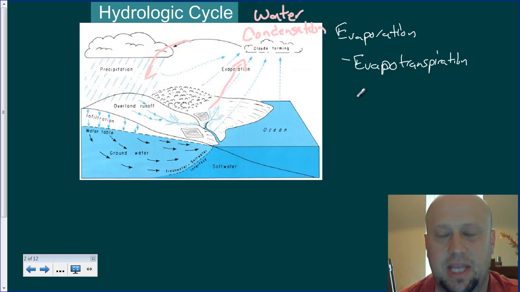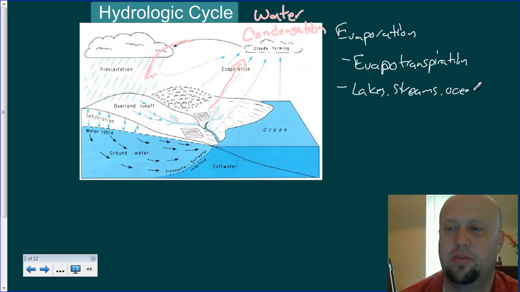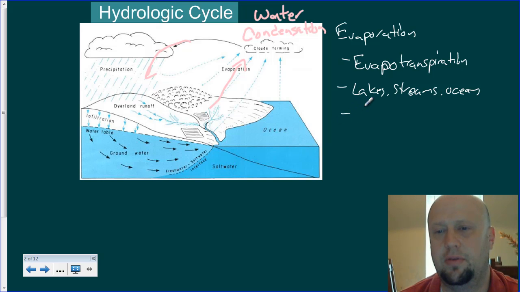So we've got that. We've got some evaporation from, of course, as we mentioned before, lakes, streams, ocean. We've got even from glaciers and stuff. We get some sublimation. And then, of course, we also get some just from the ground itself.